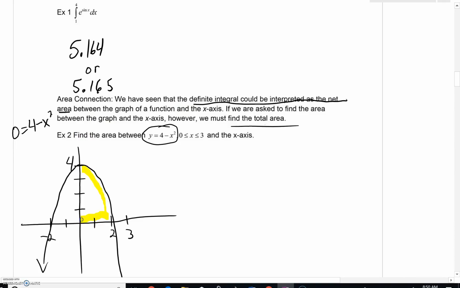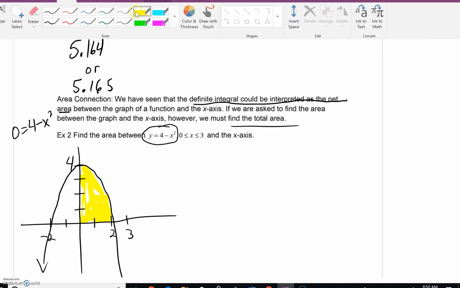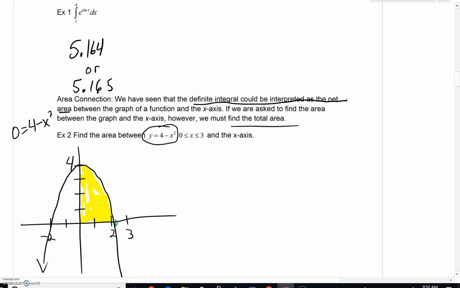Well, part of this curve is above the x-axis. We'd expect to get positive area here in yellow. But the other part of the curve is going to be below the x-axis. So we'd expect to get negative area here.